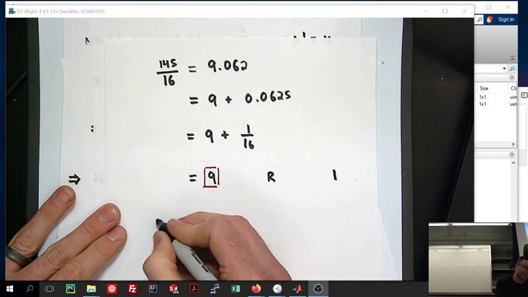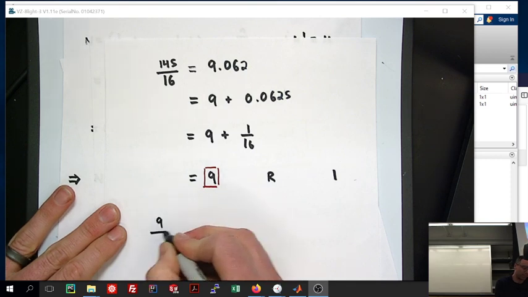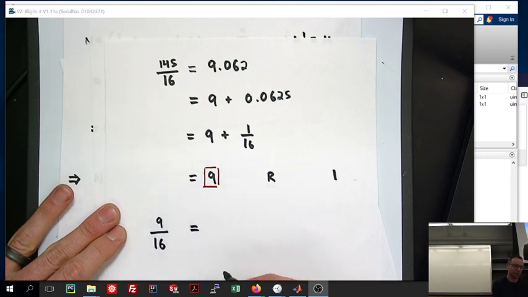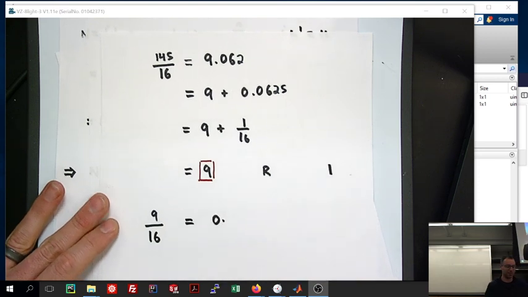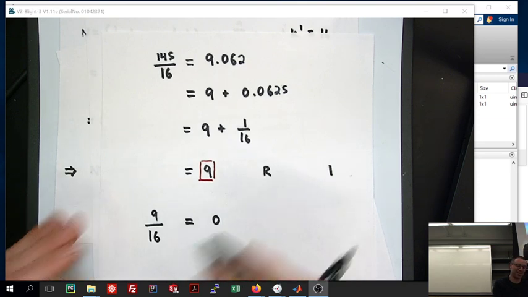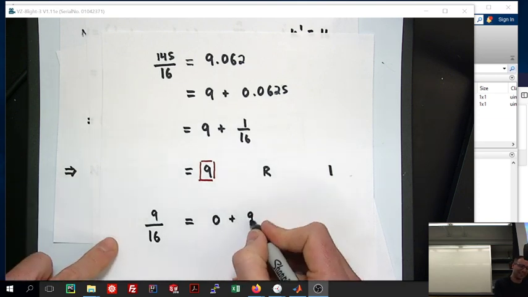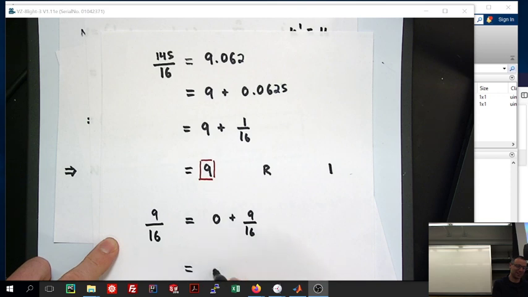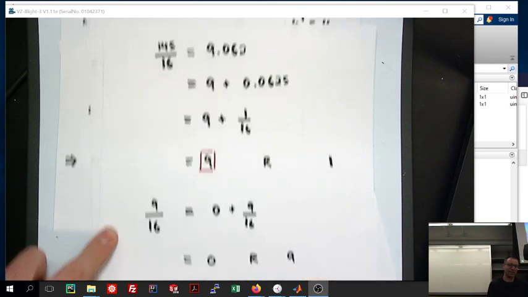we divide by 16. This would be 0. Well, it doesn't really matter what the rest of it is. We already know what it is, right? So this is 0, remainder 9.